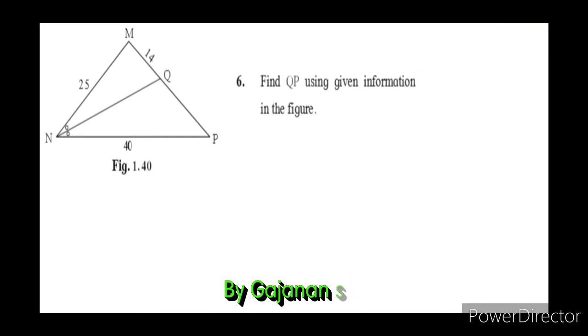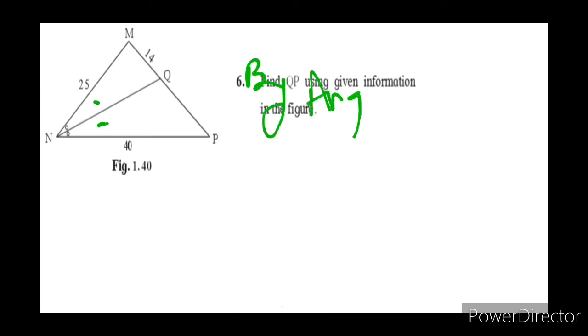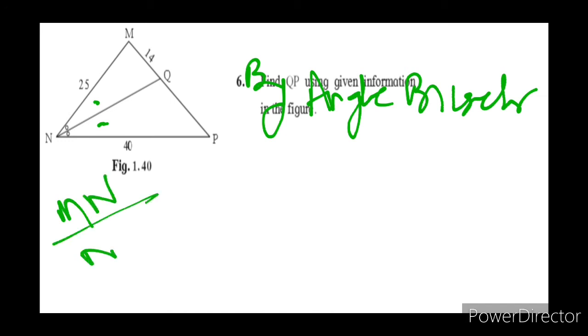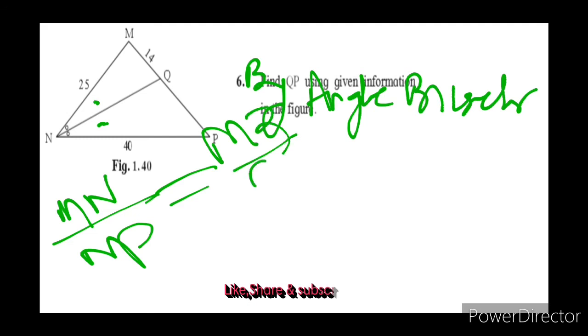So read the problem carefully. Find QP using the given figure. We have already seen this figure is based on angle bisectors. By applying the angle bisector property, we can say that MN upon NP equal to MQ upon QP.